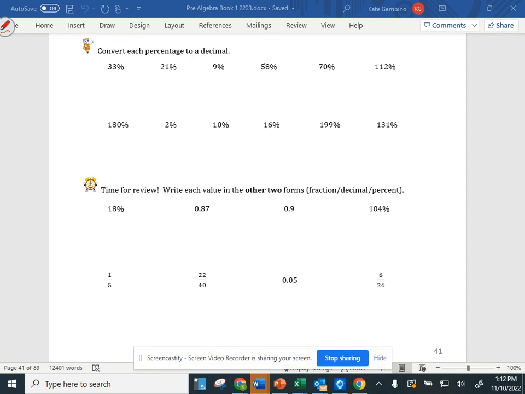No, leave it improper, but you do have to do what to it? Simplify. So you can leave it improper, but you have to simplify it down. So don't turn it into a mixed number. Michael, I need you to stop. Don't turn it into a proper fraction, but make sure you simplify as low as you can go.